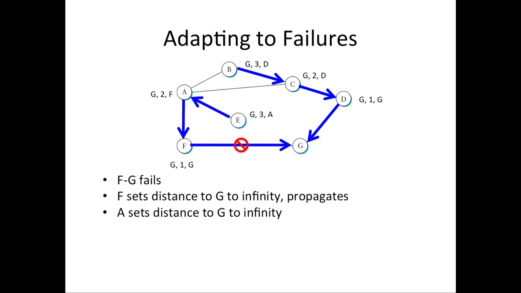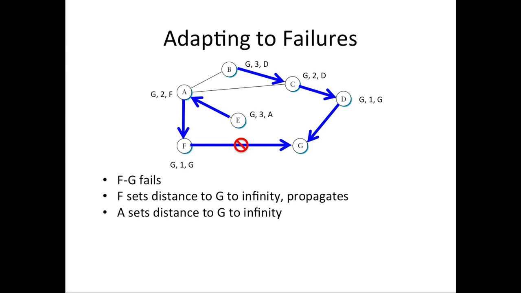We said that these routing protocols send periodic updates every 10 seconds, every 30 seconds, or something like that, right? Let's say C sent an update. What does that update contain?